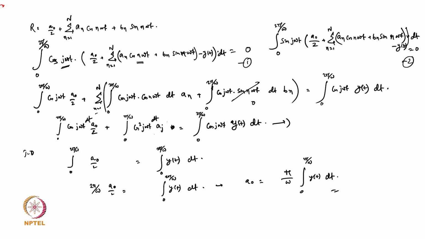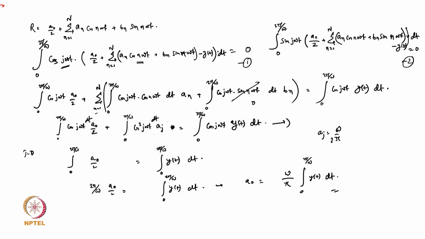Okay, so in that case you will get aj equal to omega by pi, exactly, it should be omega by pi.